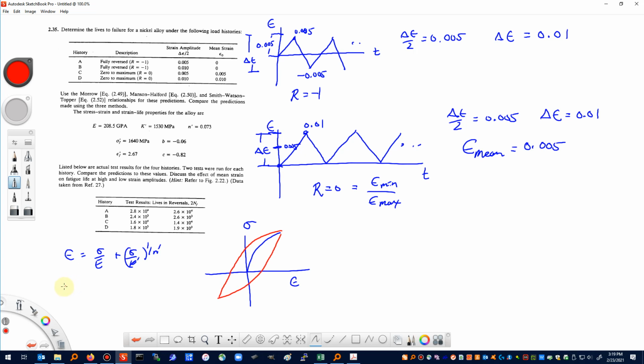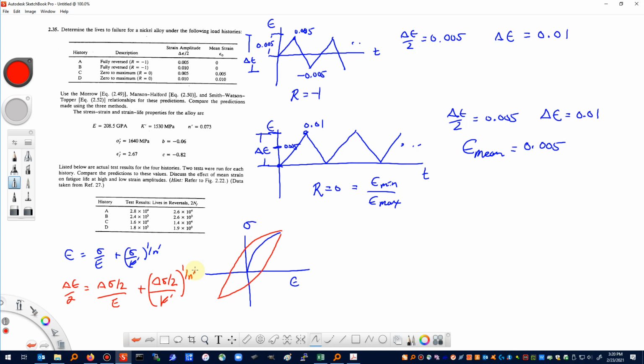The hysteresis branches will use this equation, our hysteresis branch equation. And we will need to calculate if we have any mean stresses or not. I think we're going to see that in the R equal to -1 loading, we're going to have a 0 mean stress, but we are going to have some mean stress in the R equal to 0 loading.